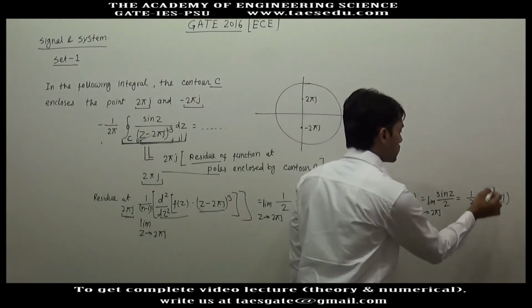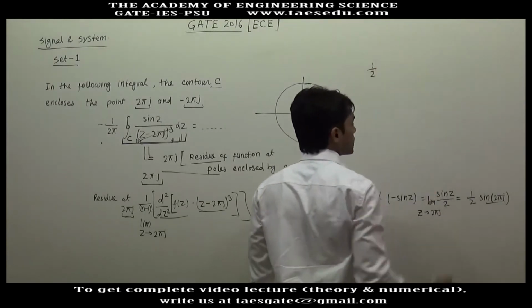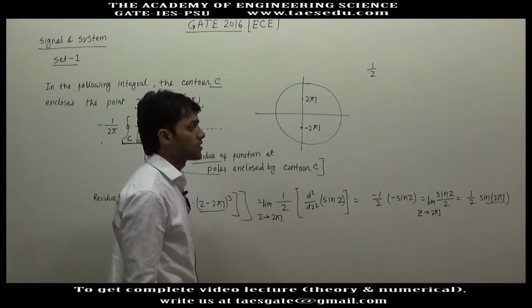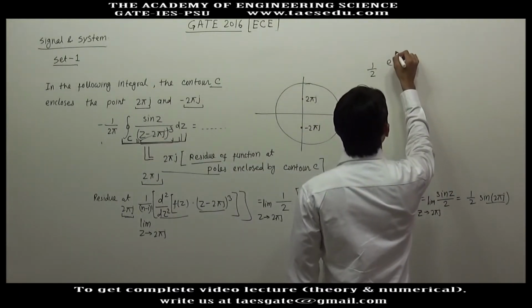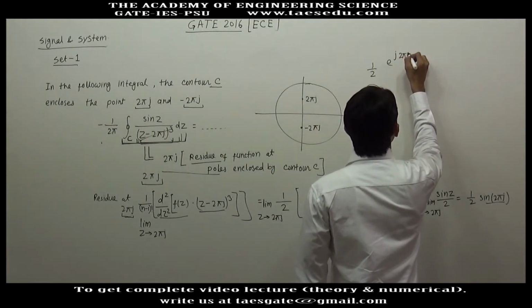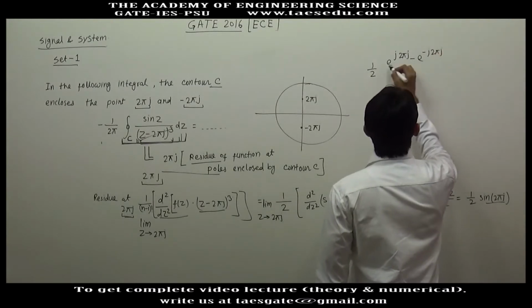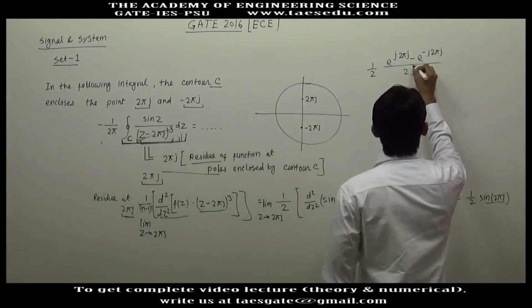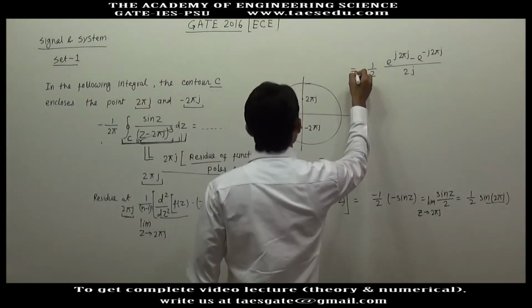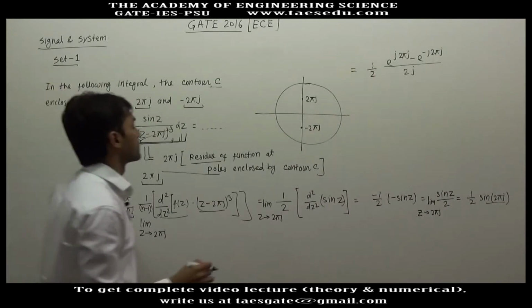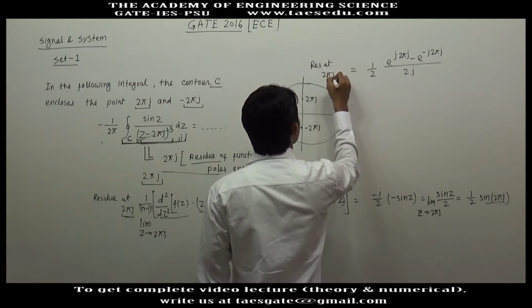Now to calculate sin 2 pi j, we'll use sin theta is equal to (e to the power j theta minus e to the power minus j theta) divided by 2j. With theta as 2 pi j, we are calculating the residue at 2 pi j.